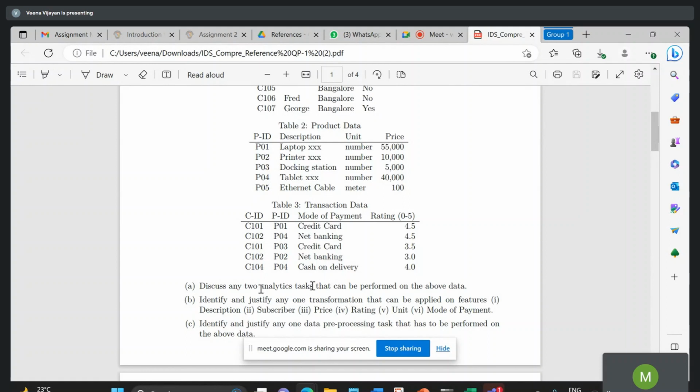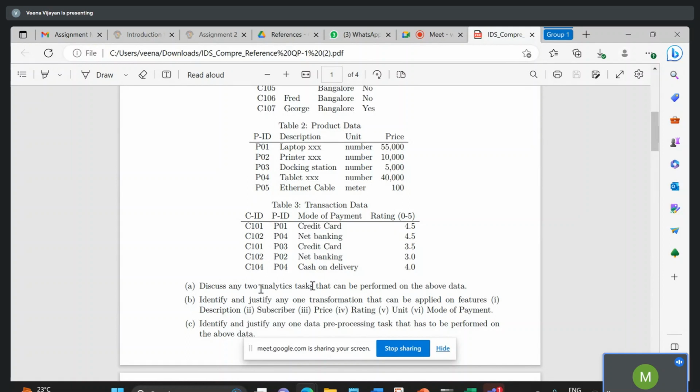So here they have mentioned any two analytic tasks. They haven't asked for any of these specifically. So we can choose whichever we are comfortable with in arriving at a result or finding meaning from this data set. What is the data we actually have?